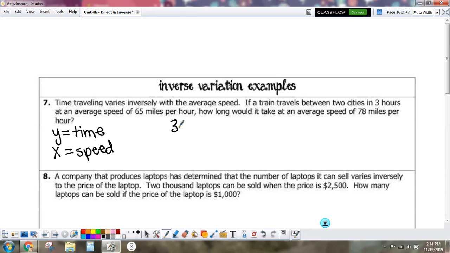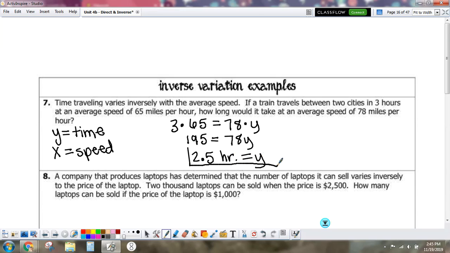Remember, we're multiplying our X and our Y together. And that should equal our x and our y multiplied together over here. Okay, so I'm going to go ahead and solve. And then divide both sides by 78. So my answer is 2.5 hours. Okay, so instead of doing the cross multiplying, we're just going straight to regular multiplying and then dividing.